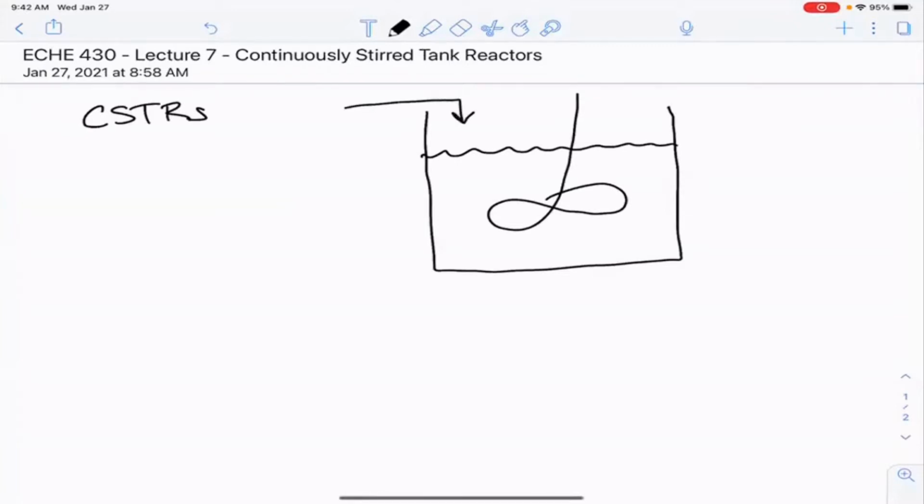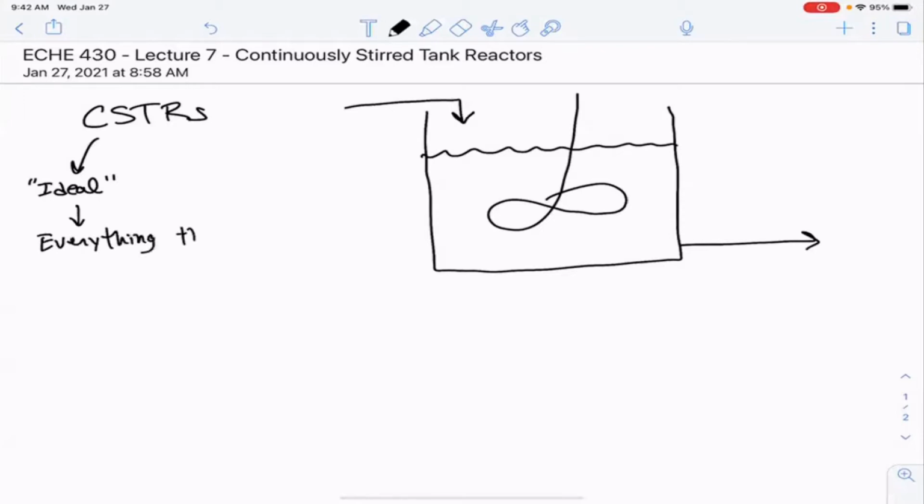And that's filled to some level, and there's an impeller or a series of impellers that try to make sure that the vessel is well mixed. So we have some flow rate in, and then we have some flow that is leaving. Now, the thing that we assume when we're talking about ideal CSTRs is that everything that enters is instantly and homogeneously mixed.